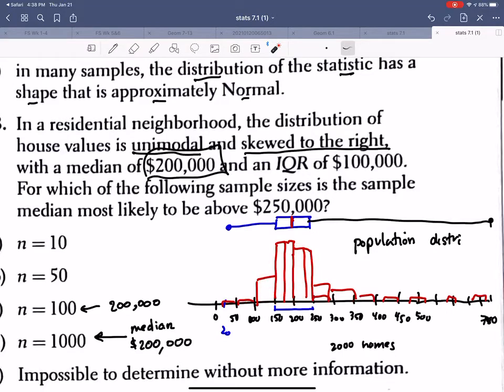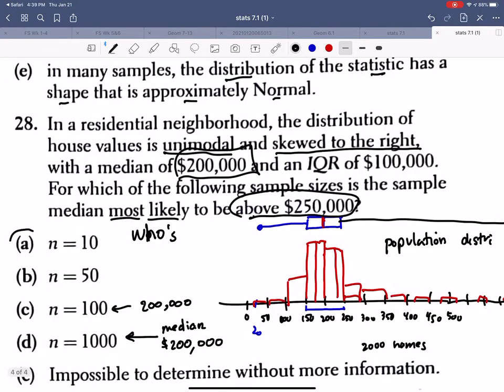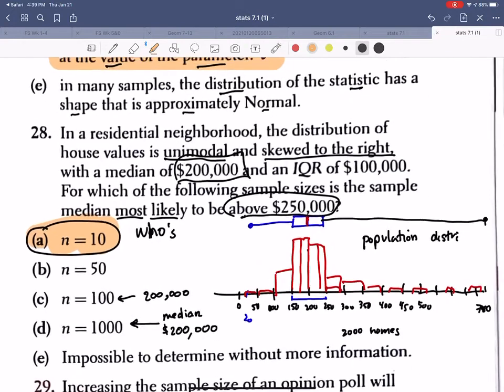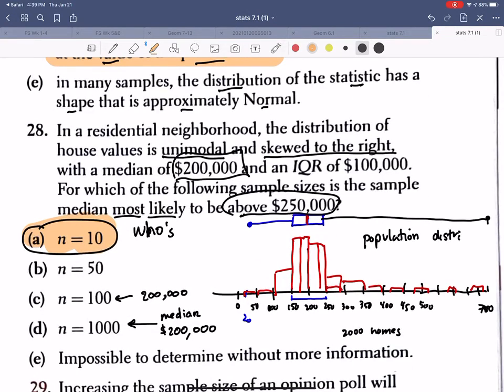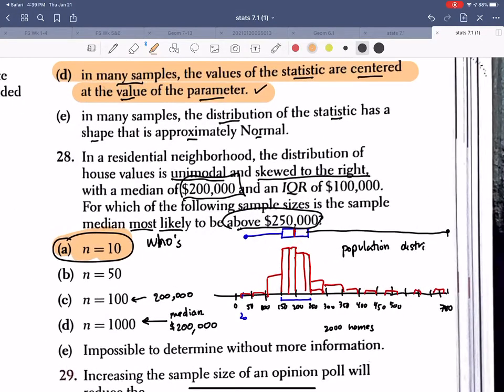So which one is most likely to be above 250? And here I've got to select A, okay? And the reason is, let's go to my notes.